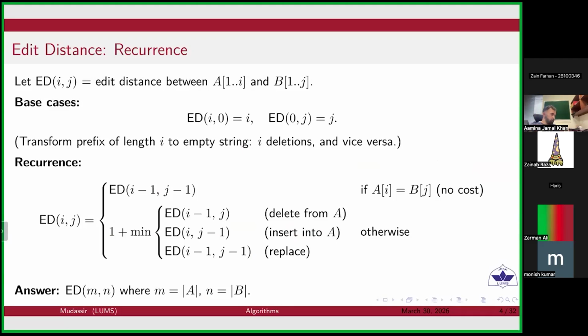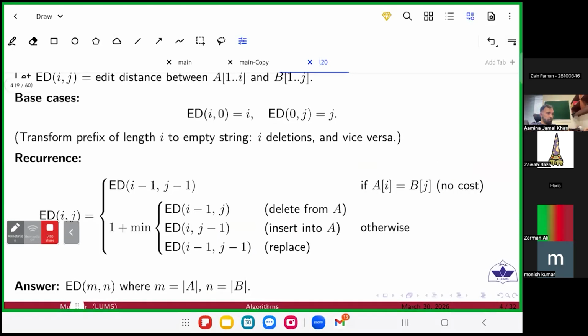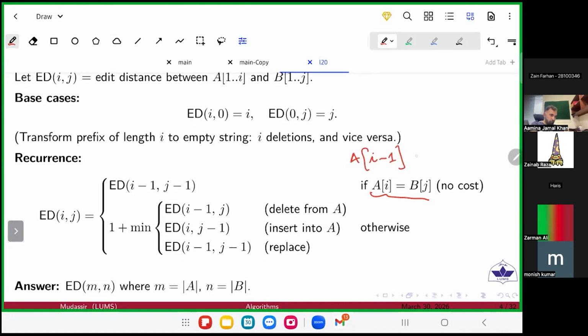Okay, I think it should be यहाँ पे इसकी बजाय it should be A of i minus 1 is equal to B of j minus 1, instead of A of i equals B of j. से इस तरह के issues आ जाते हैं. All right, okay. So if this is the case, then the cost is to go diagonal.